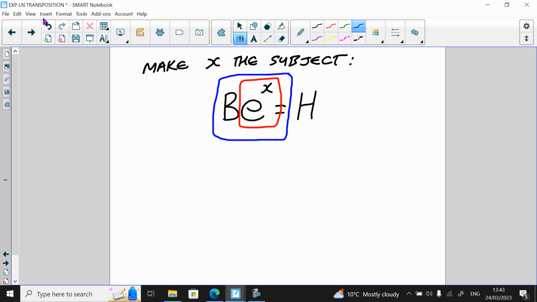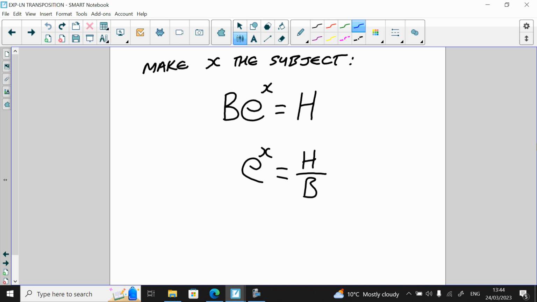B is multiplying. So we need to take over and divide. Now we can get rid of e. So to get rid of it, introduce the opposite of e, whatever that is. Well, you know it's ln, and it releases x on the left, introduce ln, and put that fraction in the bracket. Whenever there's more than one thing on the right hand side, when you got an ln, put it in a bracket.